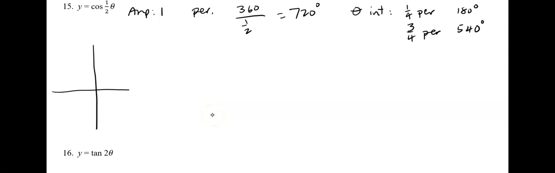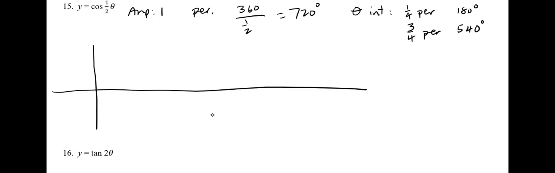And then our theta intercepts for cosine, it's 1/4 of the period and 3/4 of the period. So 1/4 of 720 is 180 degrees, and 3/4 of 720 is 540 degrees.